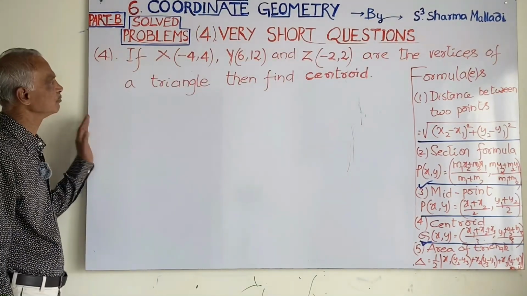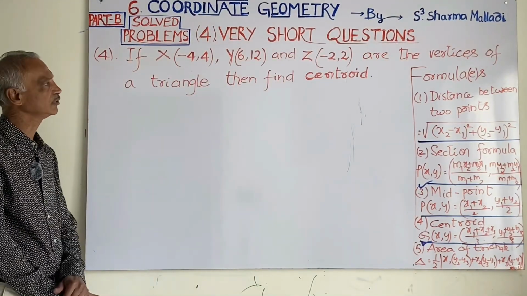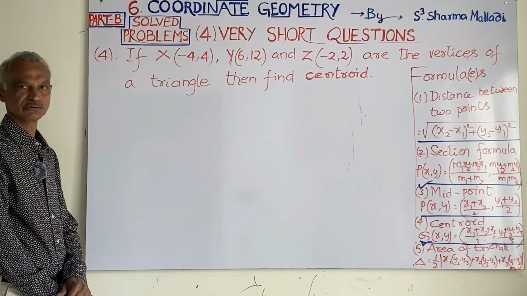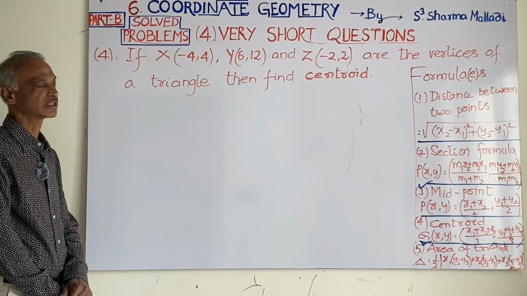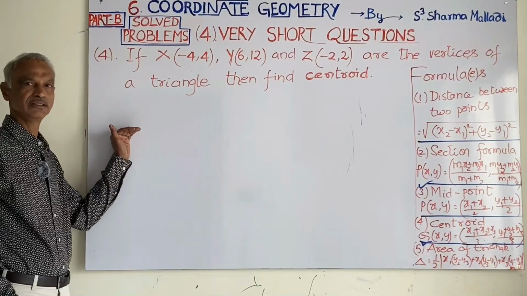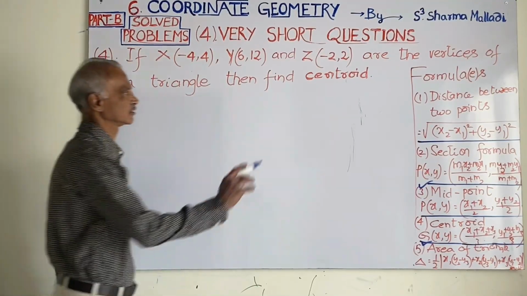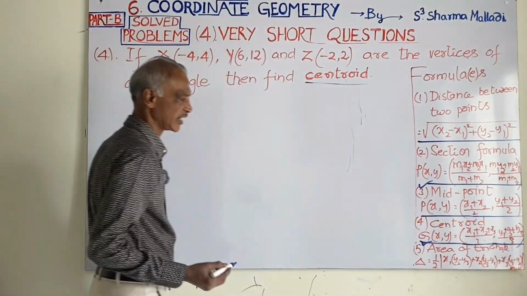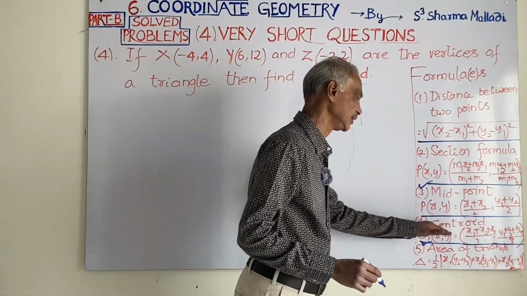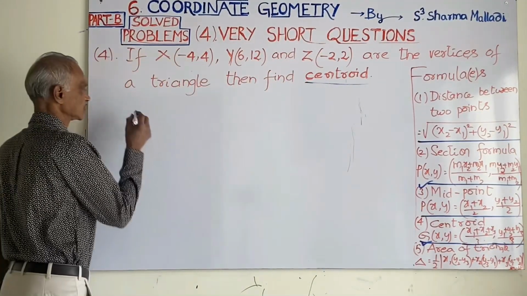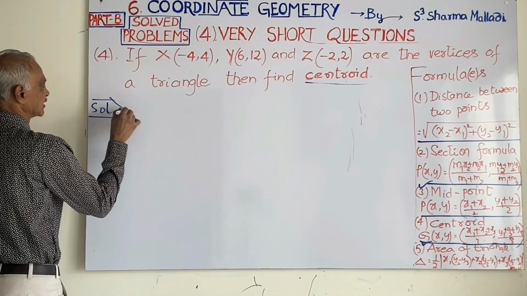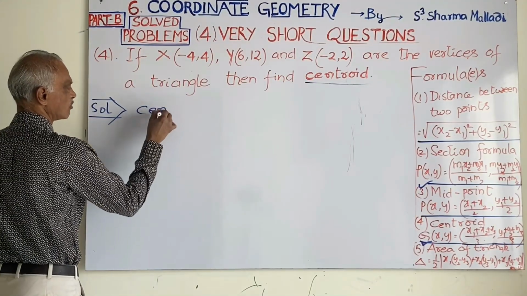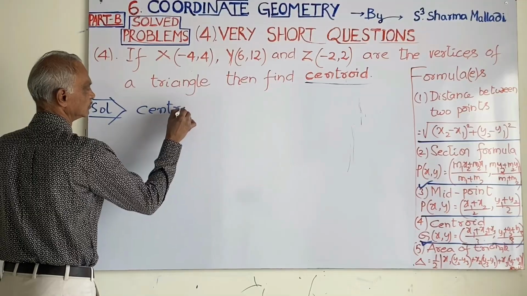Now the fourth problem: if X(-4, 4), Y(6, 12) and Z(-2, 2) are the vertices of a triangle, then find the centroid. What is the formula for centroid?